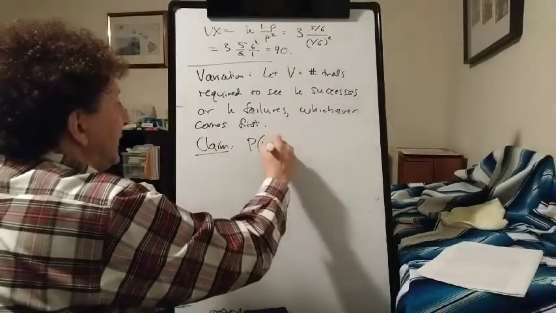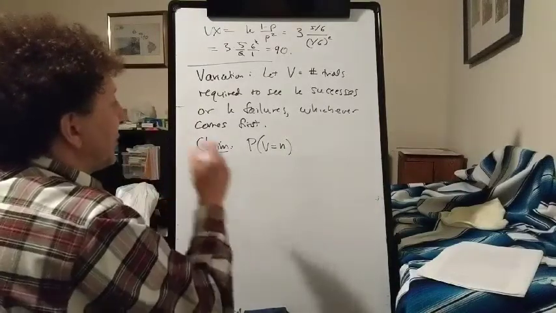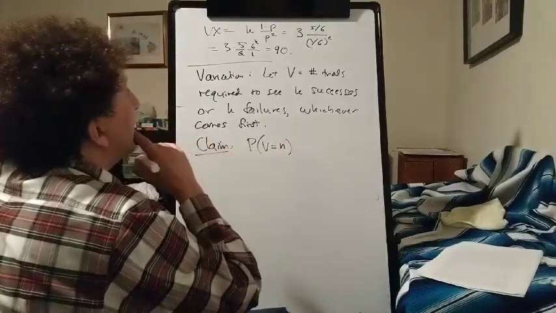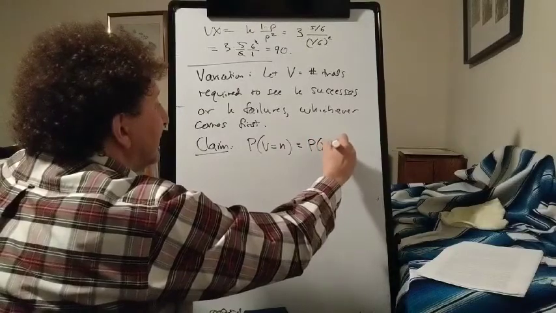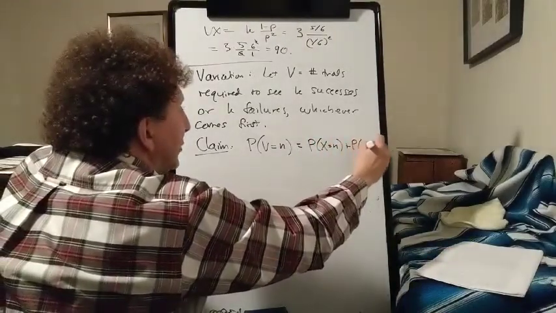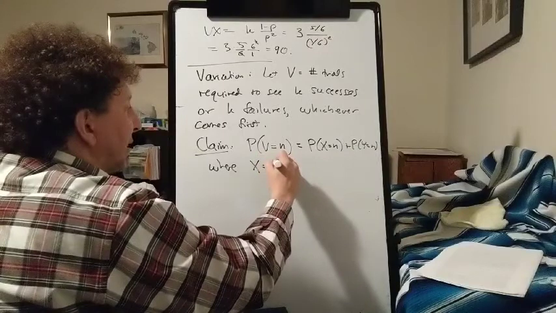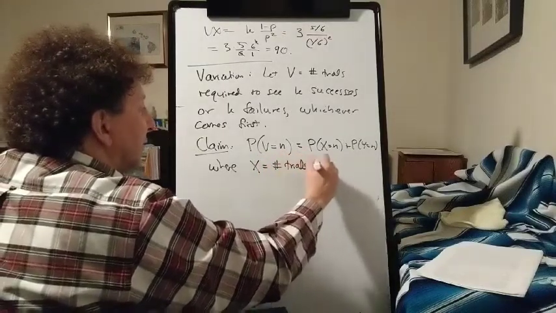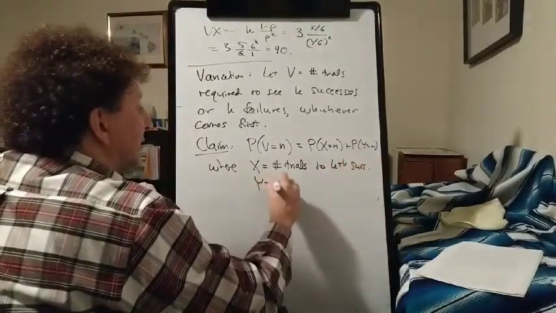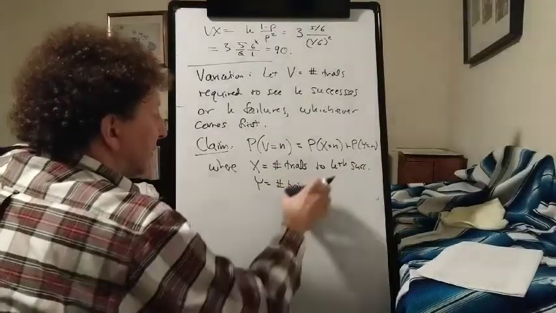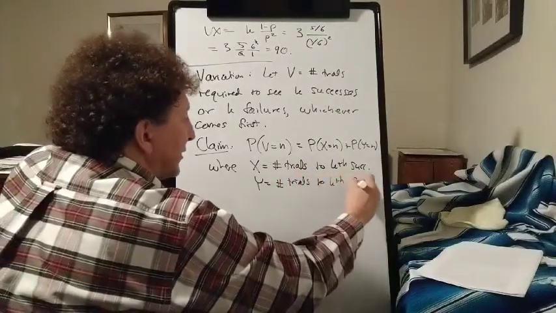I claim that the probability that V equals n is the probability that X equals n plus the probability that Y equals n, where X is the number of trials to the kth success, and Y equals the number of trials to the kth failure.